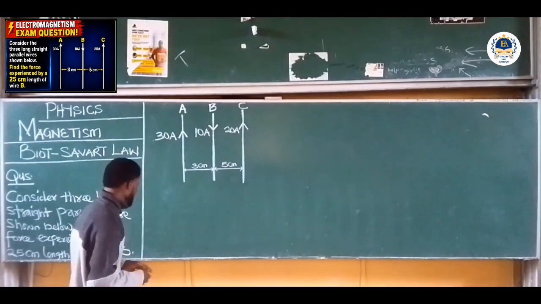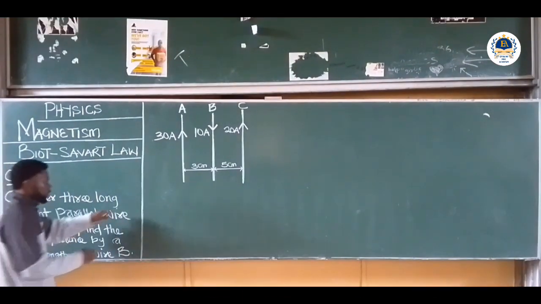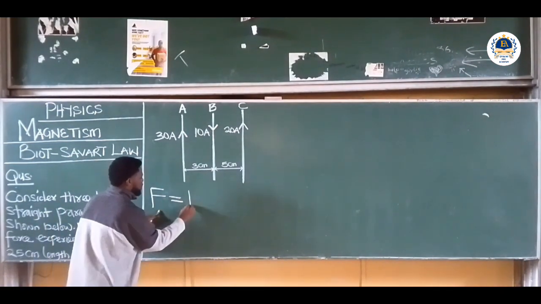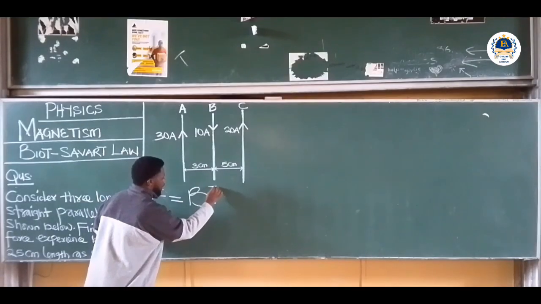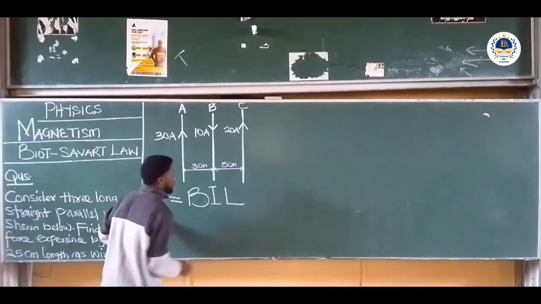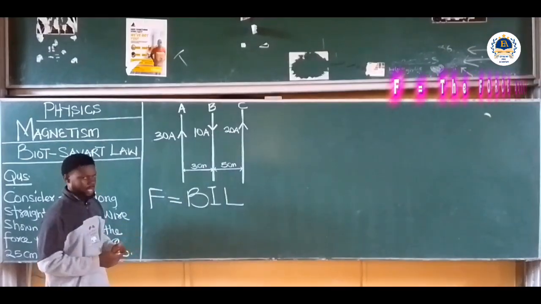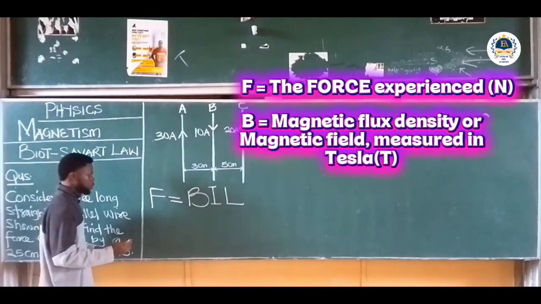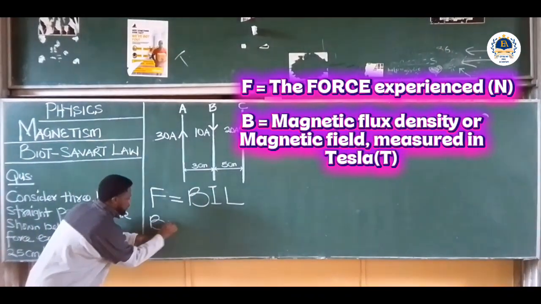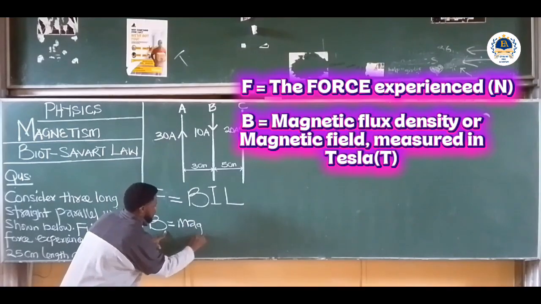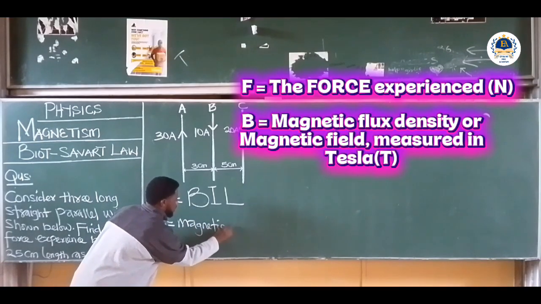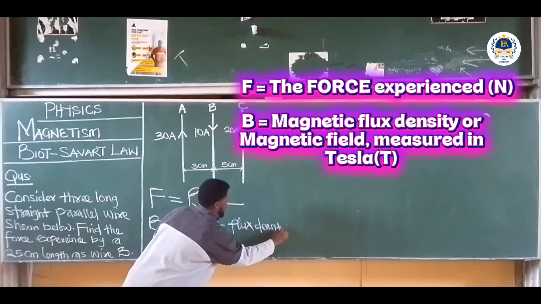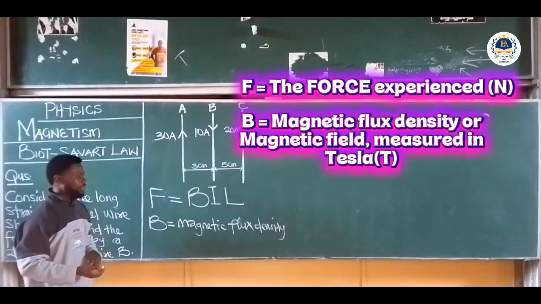So let us record that the force experienced F is equal to B I times L, where F is the force experienced, B is the magnetic flux density or magnetic field, measured in Tesla.